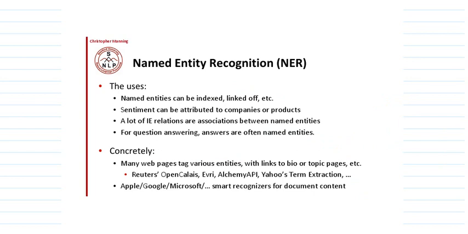We could also need to identify, say, in the reviews of Amazon products, what the product names are. Names of products have to be extracted for which sentiment is being calculated, for sentiment analysis.